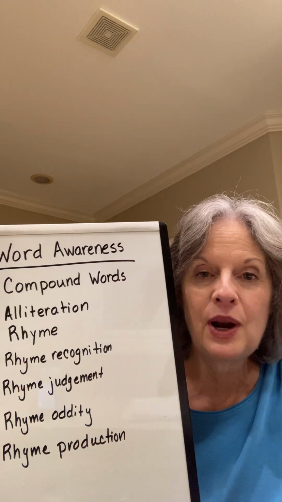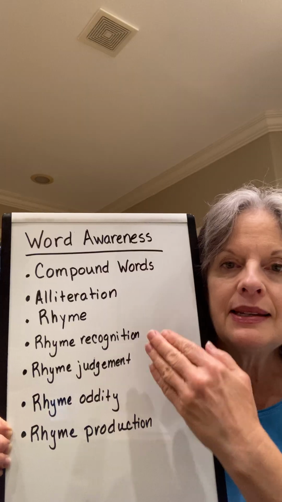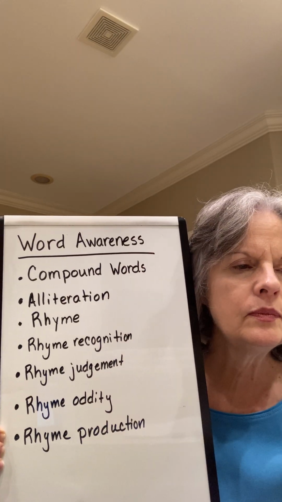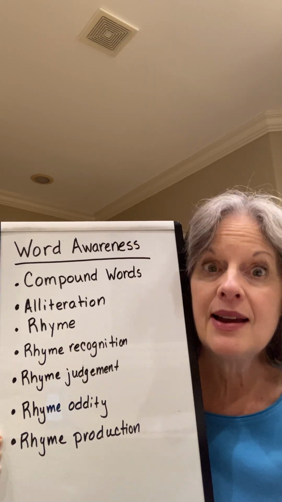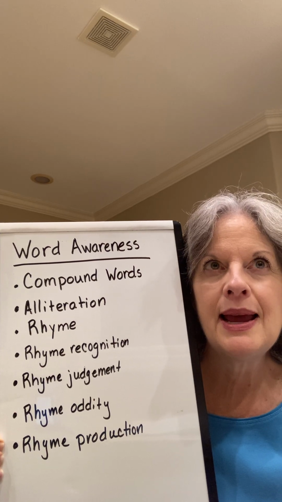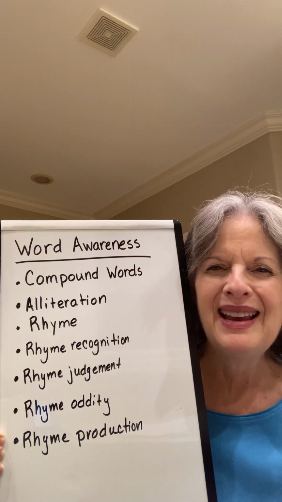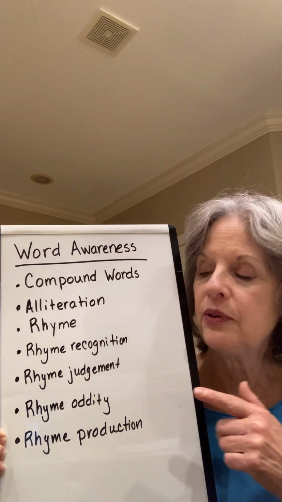Yes, bat rhymes with cat and hat. Okay, and then the next step would be rhyme judgment, such as, do me and see rhyme? Yes, they do. How about me and bat? No, they do not rhyme. Okay, that's rhyme judgment. They have to make a decision about whether they rhyme.